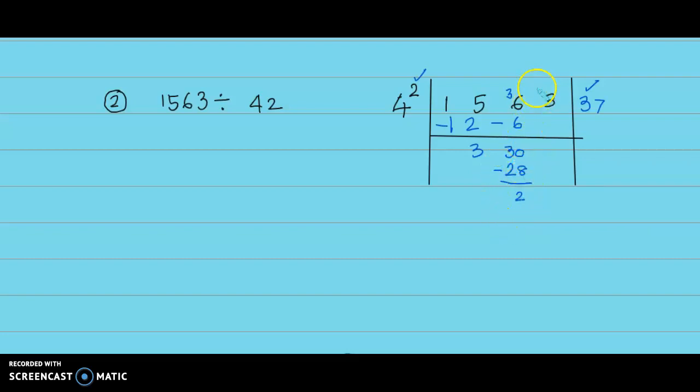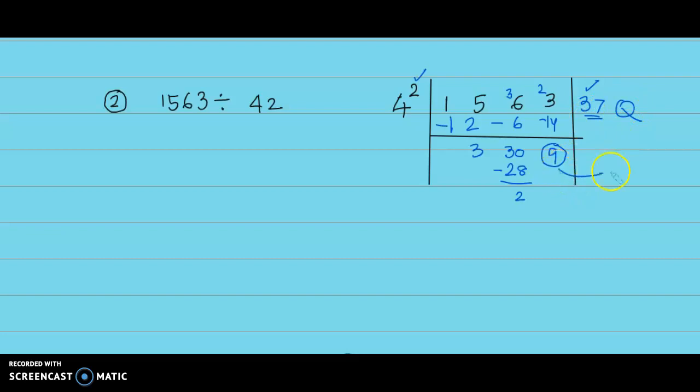Now take this 2 here again in the manner I am doing, write it, and this will be now 23. And from this 23 again you need to subtract 7 times 2, that is 14. After subtracting 14 from 23, you get 9. So this 9 is your remainder and 37 is your quotient.